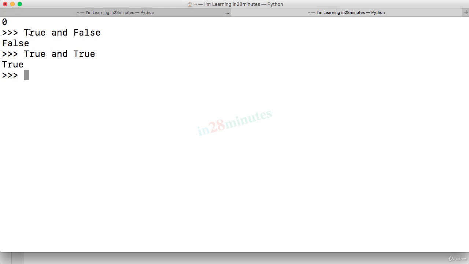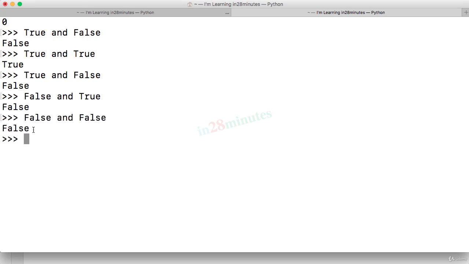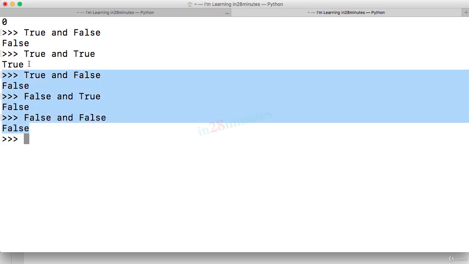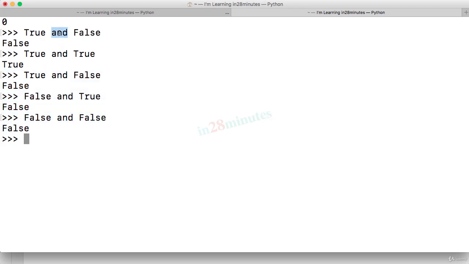However, if any of the boolean values is false, then the result of this operation will be false. So if I do true and false, or false and true, or false and false, all of them return false. So the logical operator AND is true only when both the operands are true.